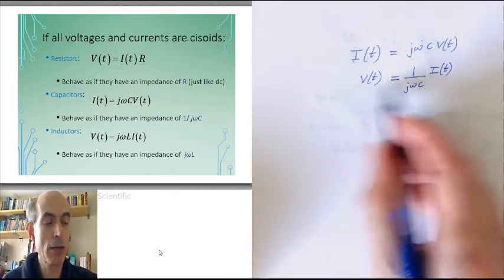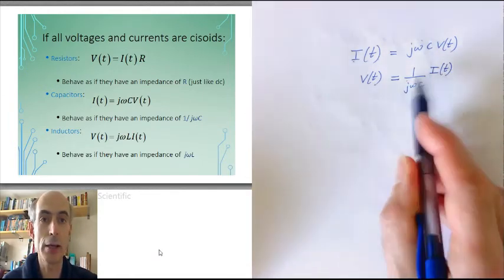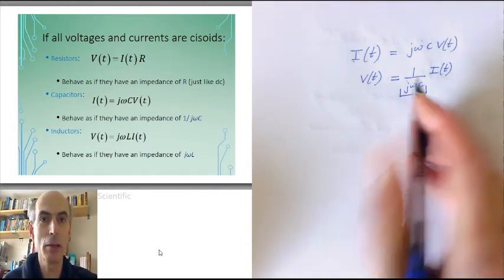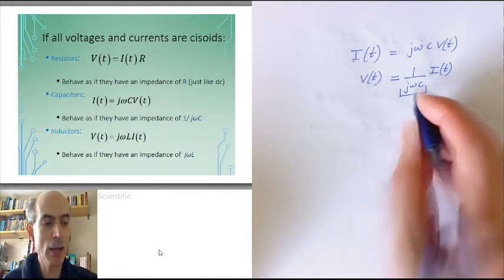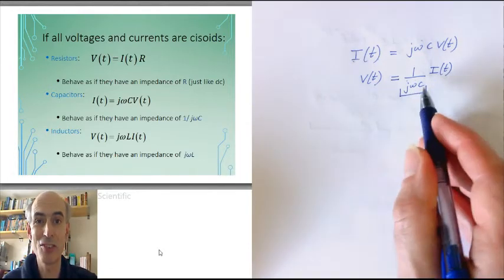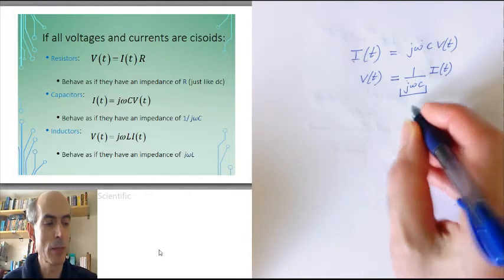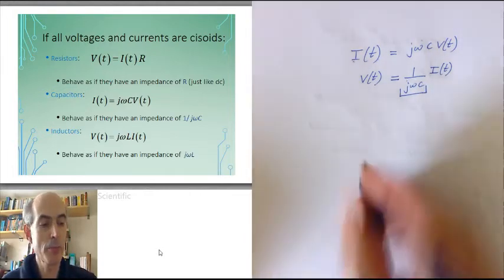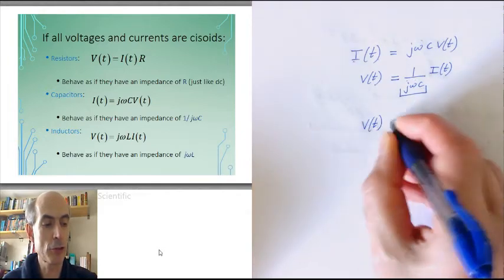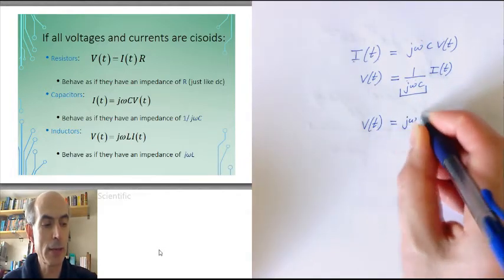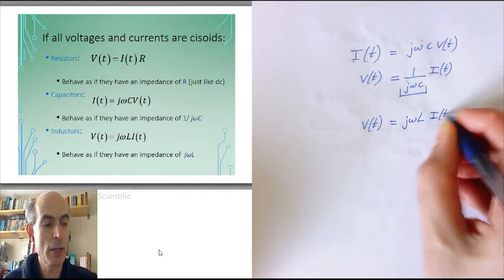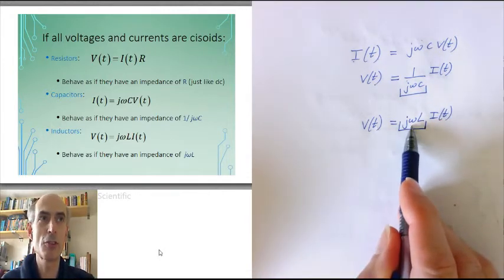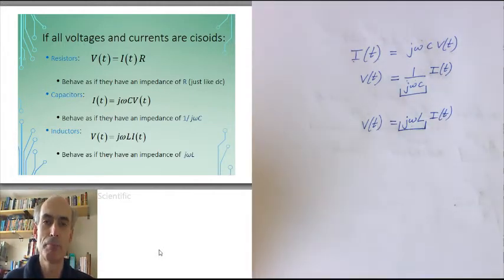And if you compare that to Ohm's law, V equals IR, you can see that the capacitor is behaving like a resistance, but the value of the resistance, or impedance, since it's imaginary in this term, is 1 over j omega C. For an inductor, we have the result that the voltage across the inductor is j omega L times I of t. In other words, it's behaving like a resistor, but with an impedance this time of j omega L.